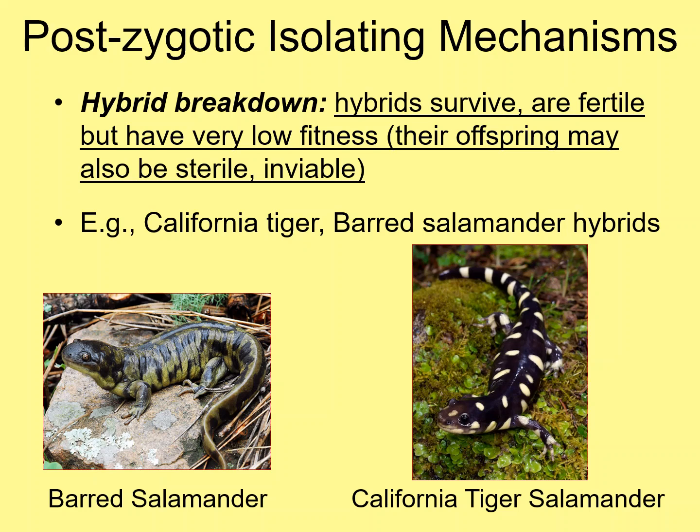But that negative feedback doesn't happen for an extra generation, right? Because the initial hybrid that forms does survive and can reproduce, but albeit it has very, very low fitness. Again, either because its offspring don't survive or are sterile, or it's just not very well suited to the environment that it finds itself in.